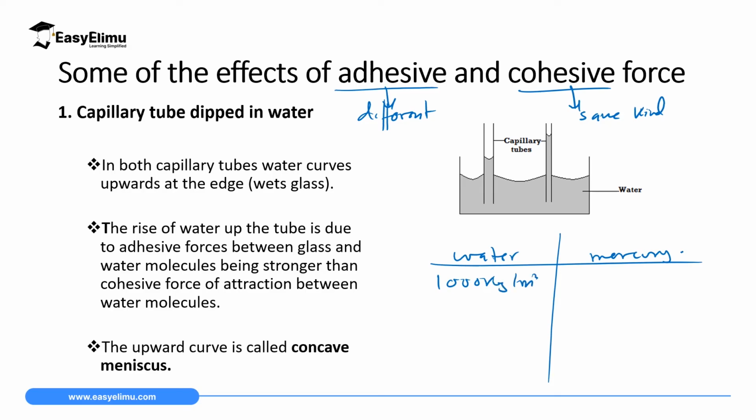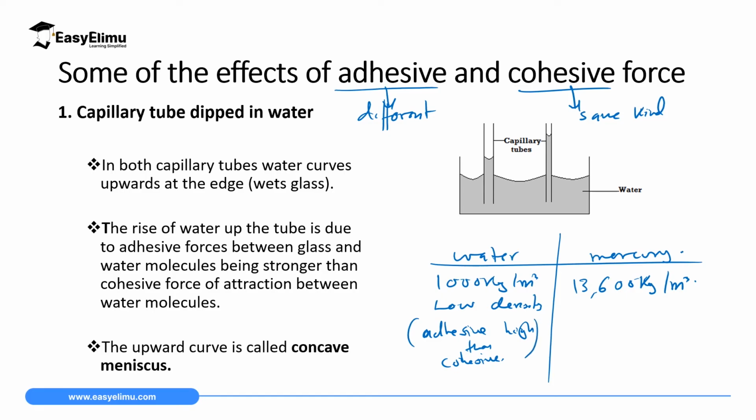Then for mercury, its density is 13,600 kgs per cubic meter. So the behavior of cohesive and adhesive force will depend on the density of the liquid. If the liquid has a low density, then if you interact it with another substance, adhesive will be higher than cohesive.